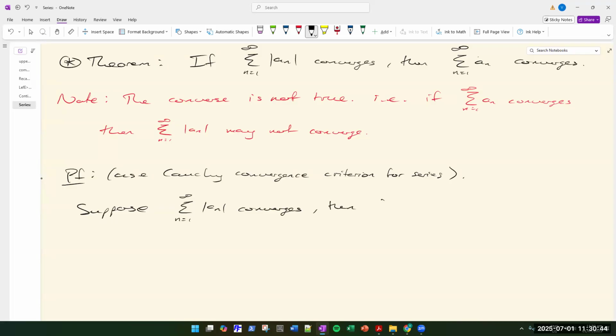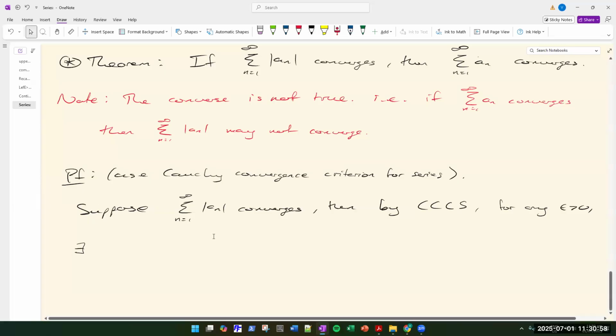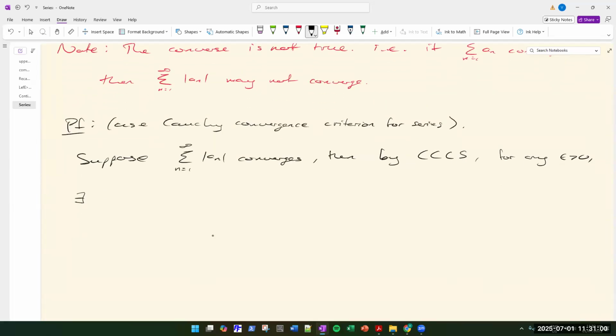Then by Cauchy's convergence criterion for series, for any epsilon bigger than 0, there exists a natural number N such that for two other natural numbers, so maybe I should have used k here because I want to use n as the next index, right? So let me just use k.